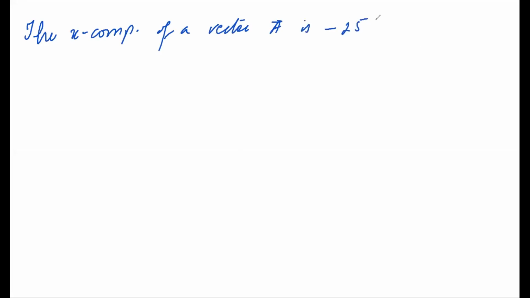So let us start with the first question. The x component of a vector A is minus 25 meters, right?